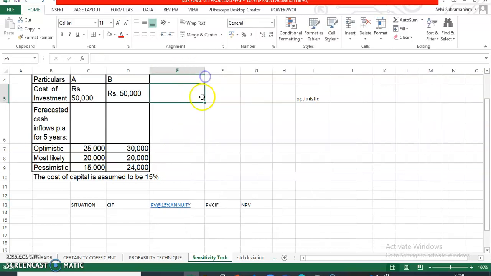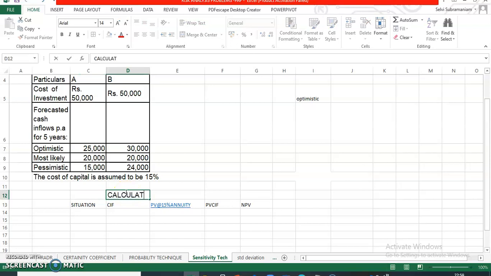Let's take the heading as calculation of NPV on the basis of sensitivity analysis technique.